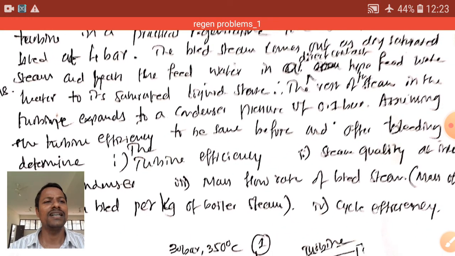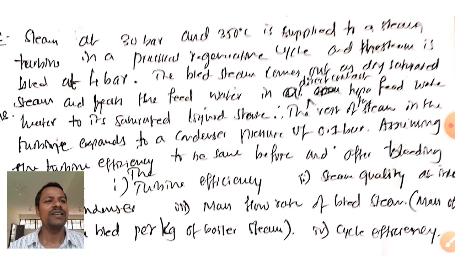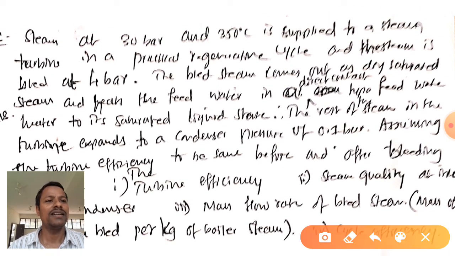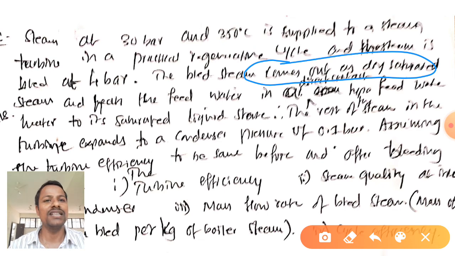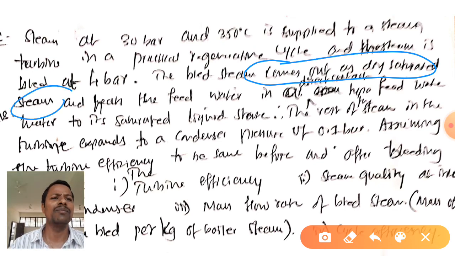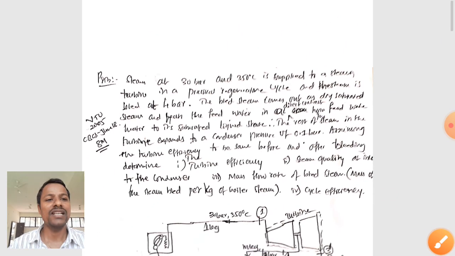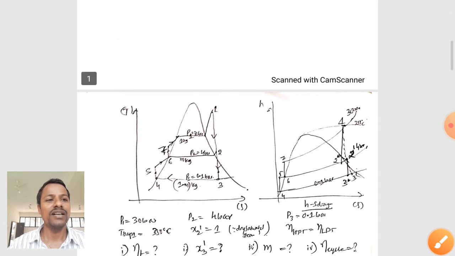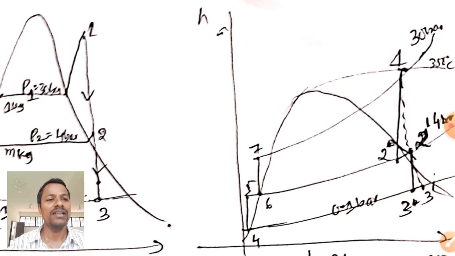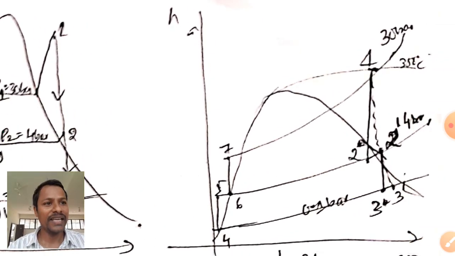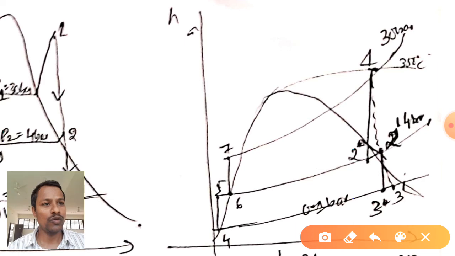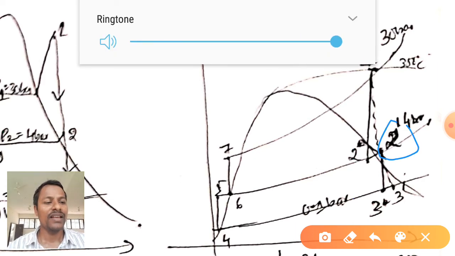The steam comes out as dry saturated steam after the first bleeding, the bled steam. So the bled steam coming out means the actual condition during bleeding is the 2 dash. Hence 2 dash point is to be marked on the dry saturated vapor line.